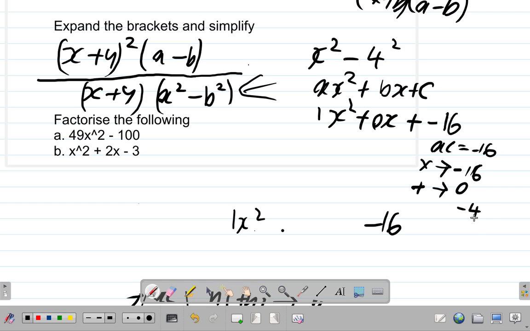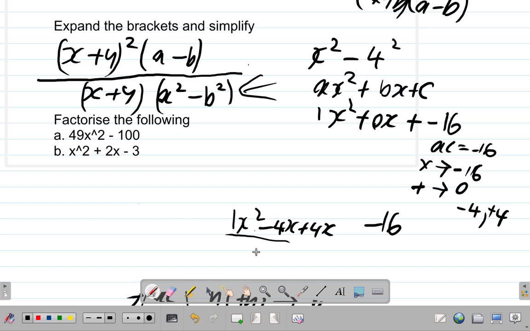Well, negative 4 and positive 4. Negative 4 times positive 4 gives you negative 16. Negative 4 plus 4 is 0. So you split the 0x into negative 4x and positive 4x.